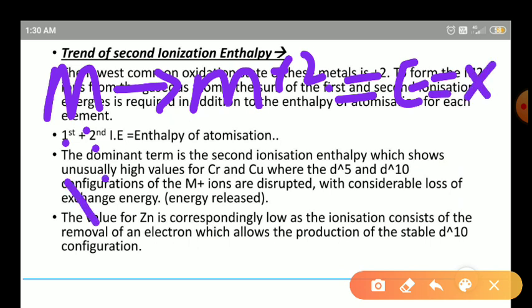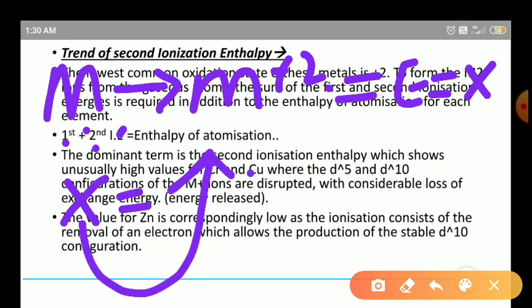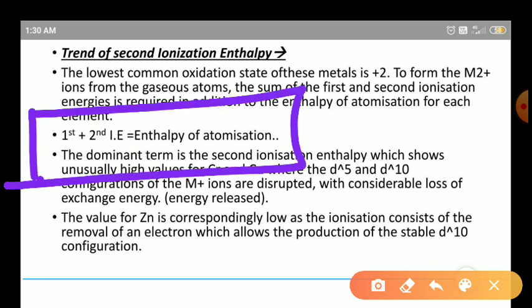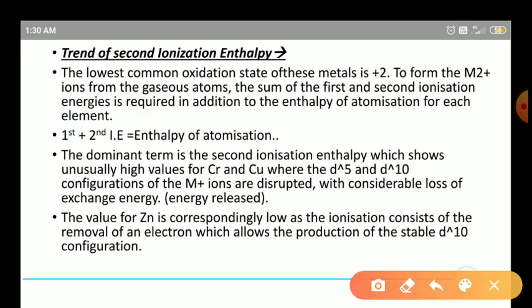So that x kilojoule per mole of energy is the same energy required for atomization. Whatever the energy required for the process of atomization, that is the energy of the first and second ionization enthalpy. So here the first and second ionization enthalpy energy is equal to the enthalpy of atomization.